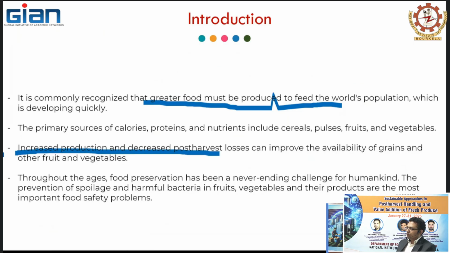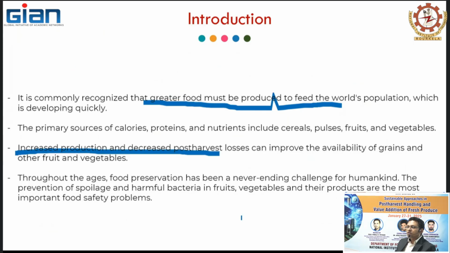But that is supposed to link with the ignored thing, post-harvest, where we are able to maintain the product and its availability for people throughout the year, which works towards achieving food security.